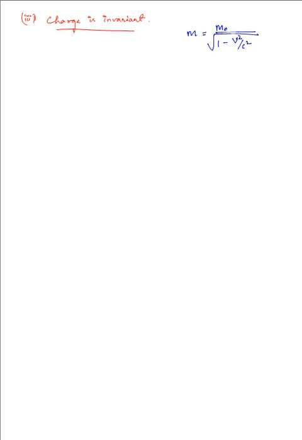Now this m naught is what we call the rest mass, the mass that we usually observe for a given object, and m is the relativistic mass, which is obviously greater than m naught when v is nearly comparable to the speed of light.